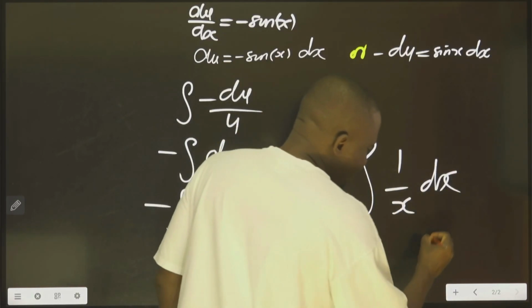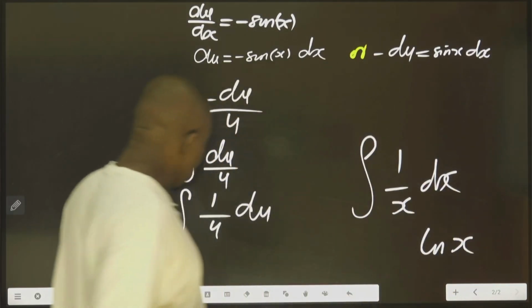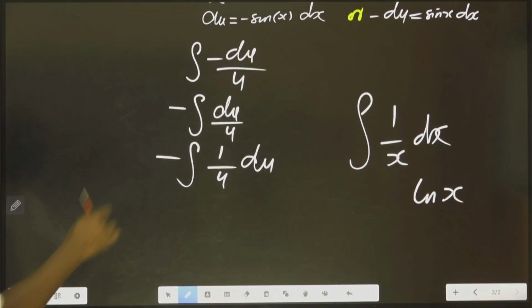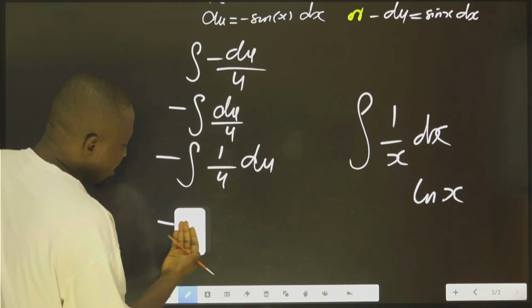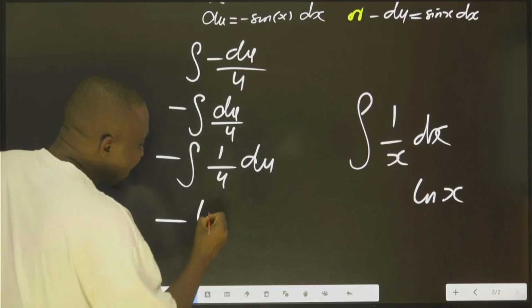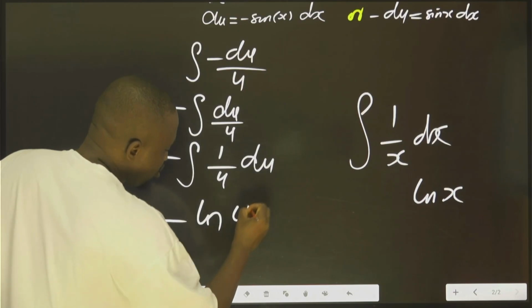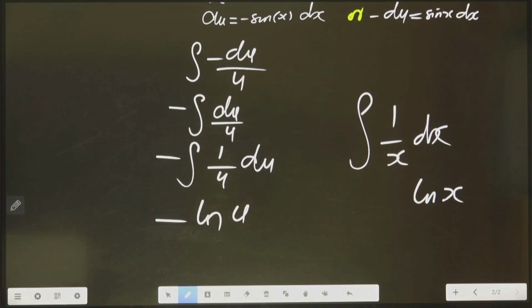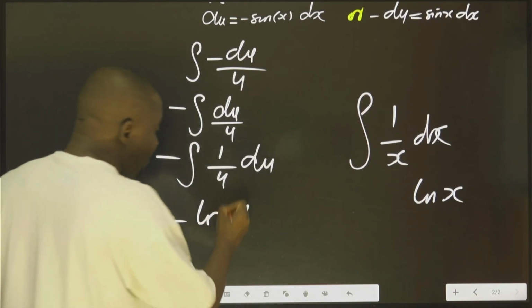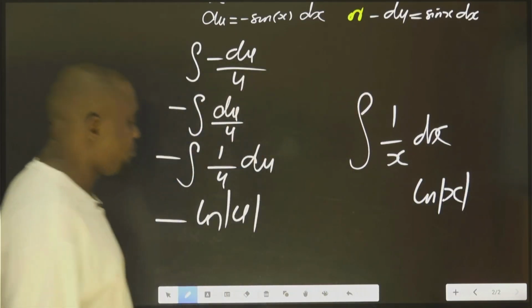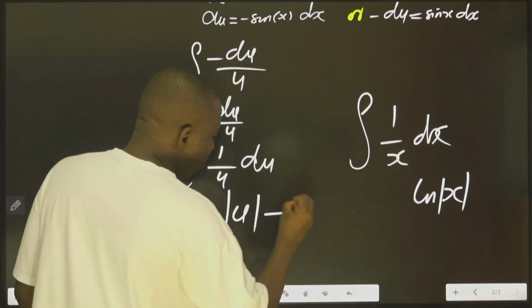You agree with me, it is ln x. So the same thing here: because we are seeing 1 over u, the integration of this is ln of the absolute value of u, then you put plus c.